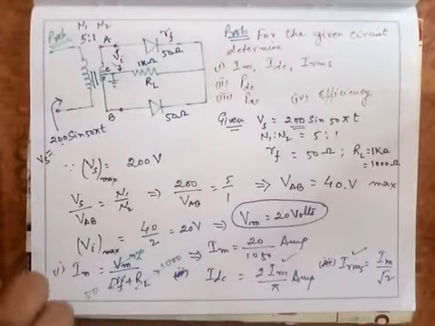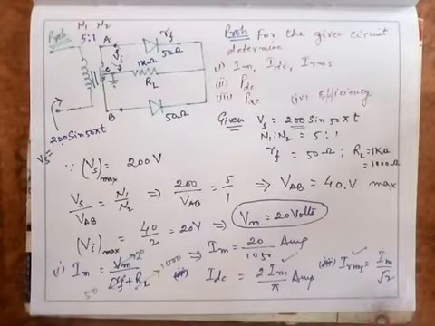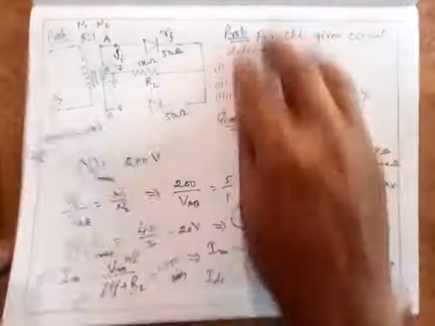Next part is to find the value of PDC. Okay, I'll use another page. The next part of the problem is to find the value of PDC. Now what is PDC? We have already done that.